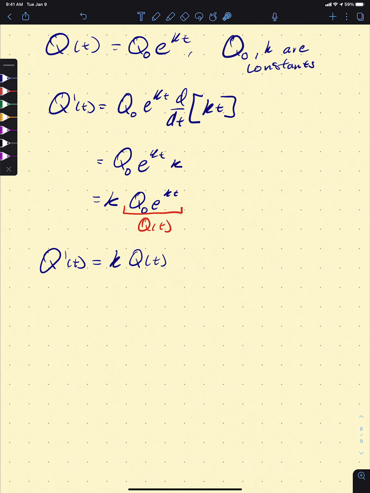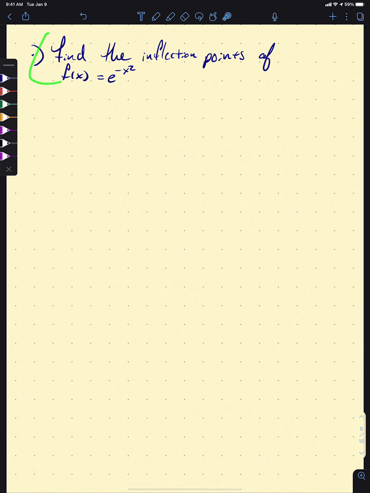And using the tools from last week, we could absolutely graph this. But in this case, we'll just go through the calculus to find these inflection points, and I'll show you a graph of it when we're done.